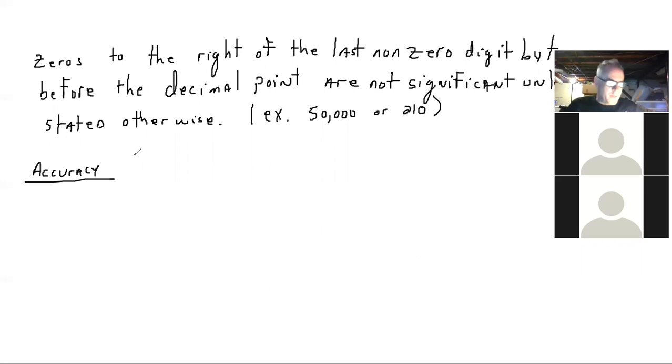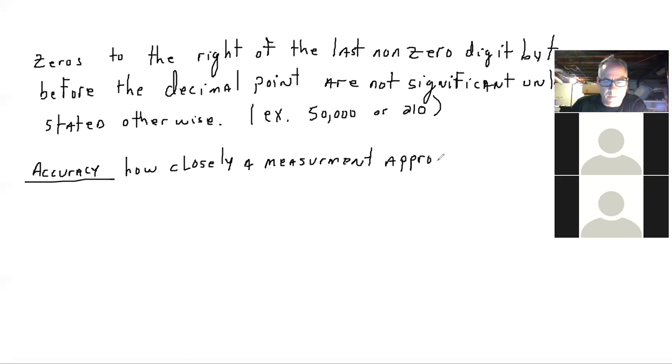Accuracy describes basically how close a measurement approximates a true value. Okay? A measurement approximates a true value.